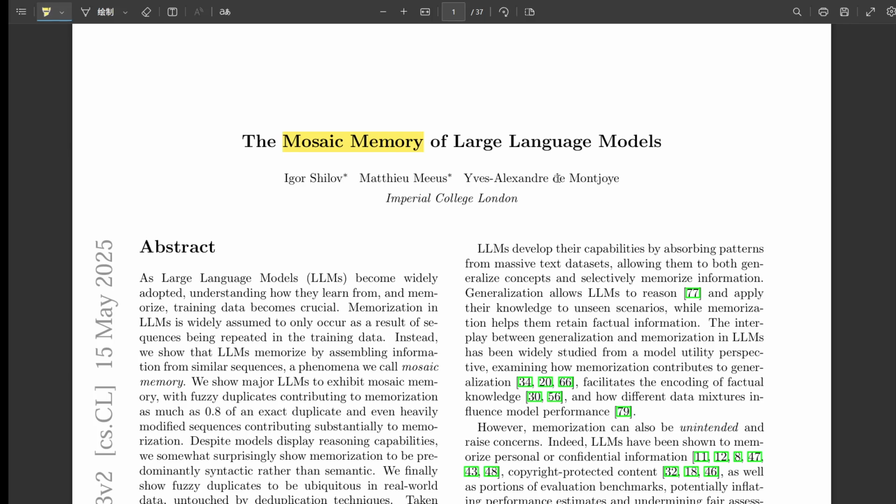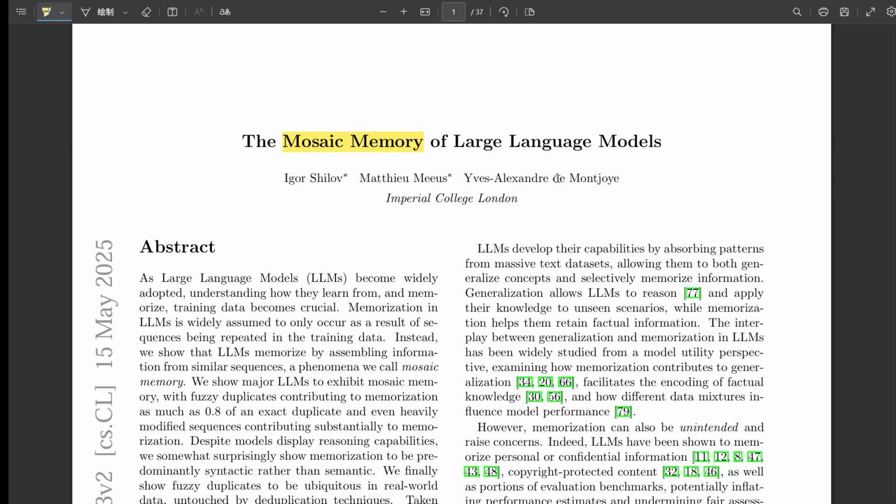Okay, so let's unpack this mosaic memory idea more. The paper argues pretty strongly against relying only on exact repetition to explain memorization. Right. And the innovation here is moving past just counting identical sequences. They're saying, look, we need a better framework to grasp how these models encode and recall information. And mosaic memory is that framework, the ability to build a memory from these bits and pieces, the fuzzy duplicates.